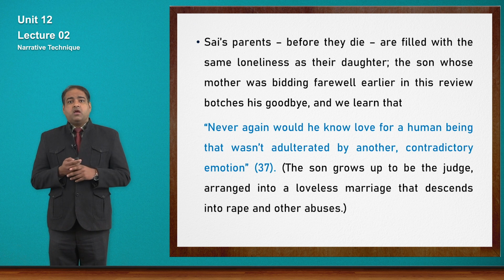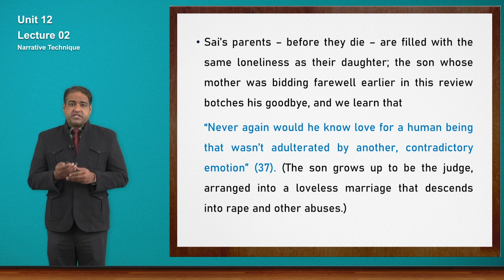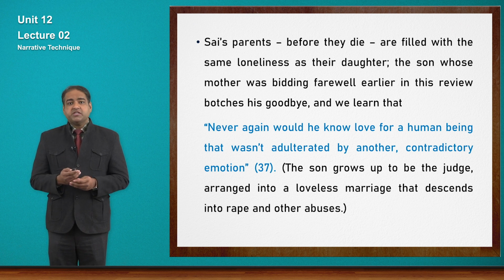Friends, we see that the judge's parents are very affectionate towards him, but that affection is not visible in the personality of the judge. We cannot see that kind of emotion, and thus the judge becomes an epitome of contradictory emotions.